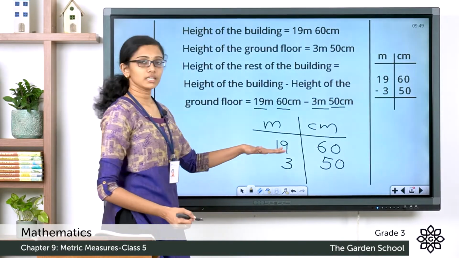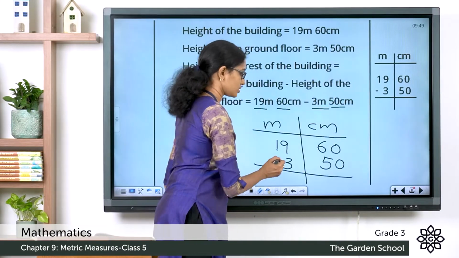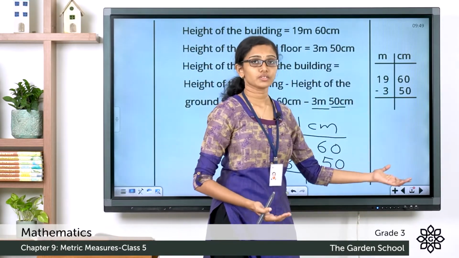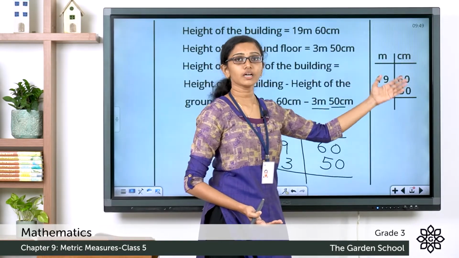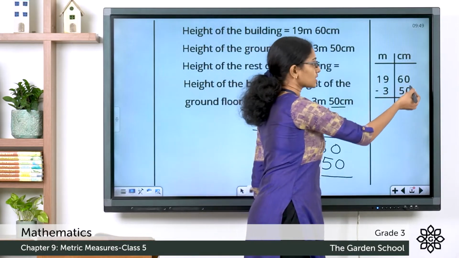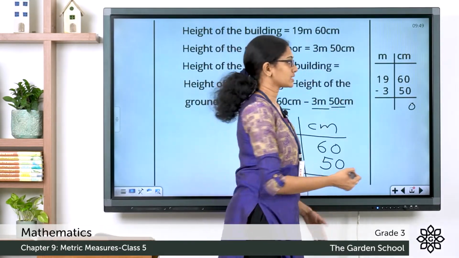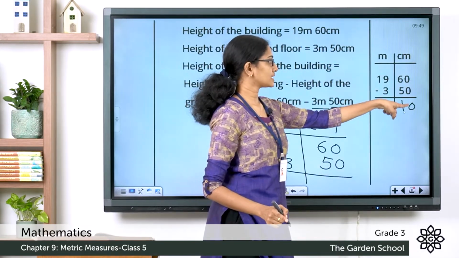So we have written the measurements in proper columns of unit, then we have to subtract them like this. Now since we have to start subtracting the smaller units first, let's start from the centimeter column. So it's 0 minus 0, 0 here. Now 6 minus 5, it is equal to 1. So in the centimeter column, we have 10 centimeters.